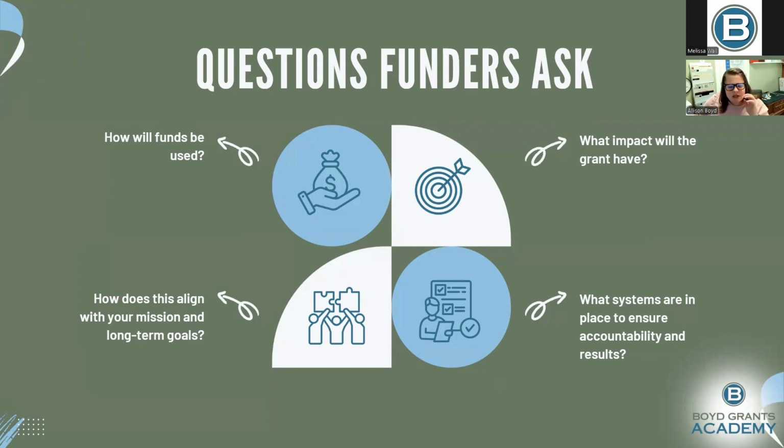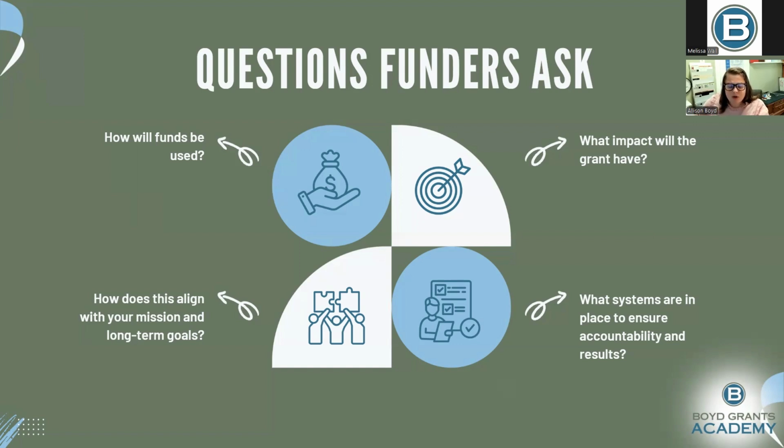The last question is, what systems are in place to ensure accountability and results? For program grants, your funders want your assurance that the funds will be used as intended and that results will be tracked and reported accurately. You're going to describe your systems for financial oversight and your evaluation strategies.